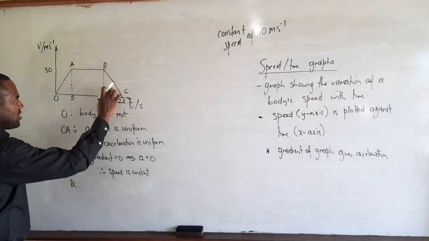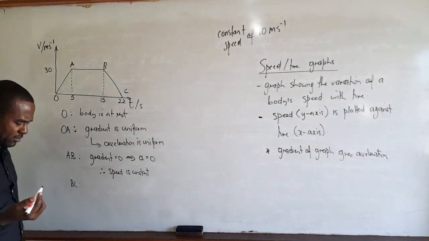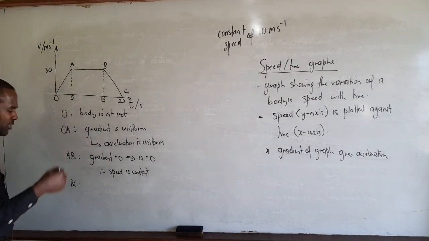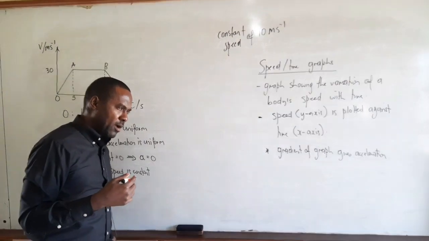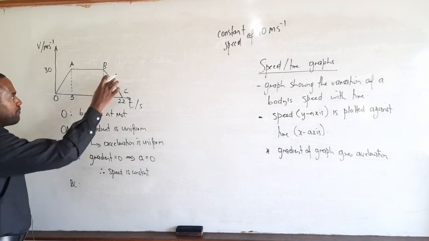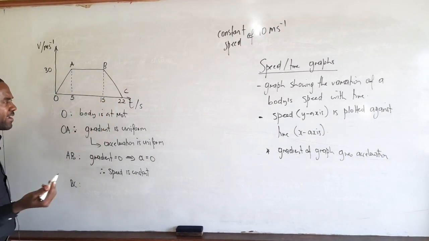Now lastly, BC. BC is a straight sloping line, but this time, unlike OA, which is showing a positive gradient, BC is showing a negative gradient.